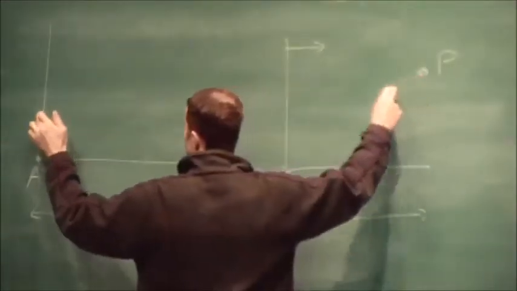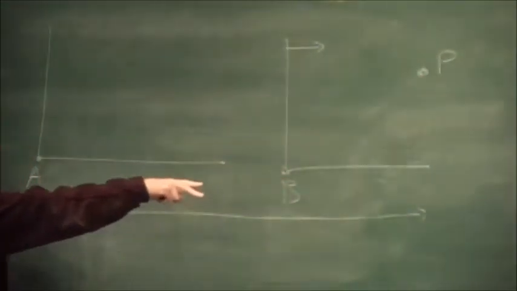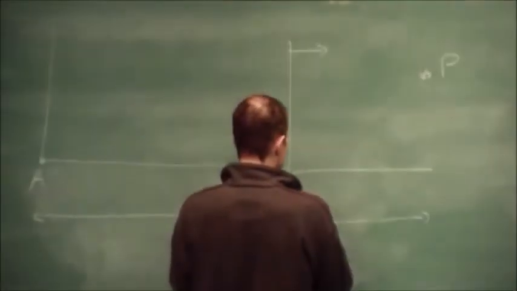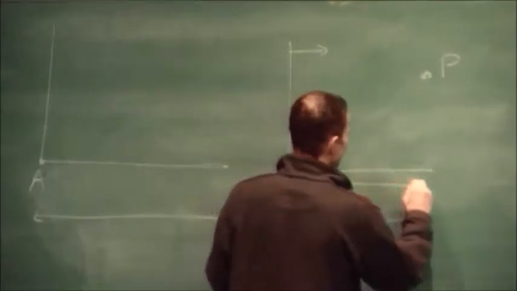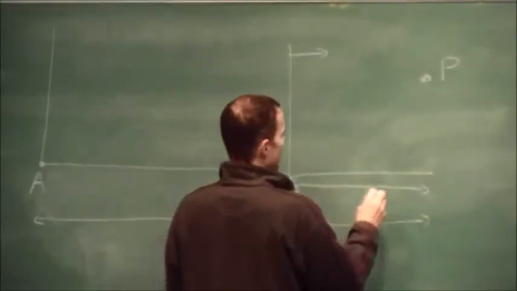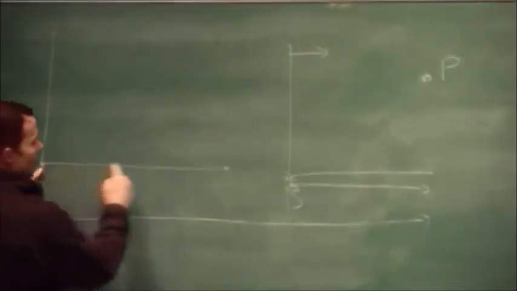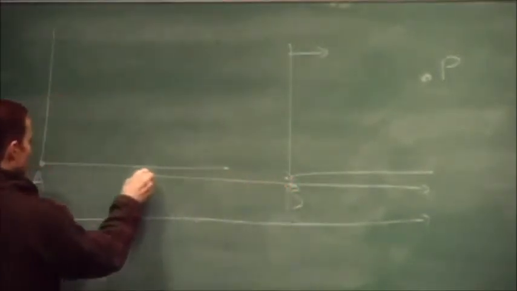With respect to this origin, this is the distance of point B along the x-axis. With respect to B, this is the distance, right? So we have here this distance, and then we also have the distance of A with respect to B.